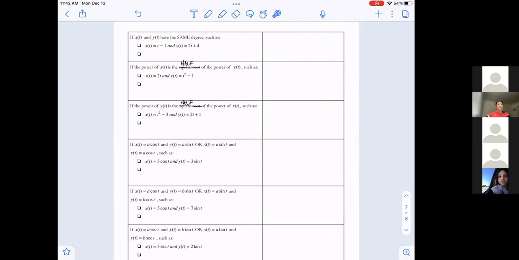Now, one way to do this is pattern matching from the notes, right? Because the examples from the notes are chosen so that we can see some of these patterns. But I did say we would come back to Desmos and take a look at how to use Desmos to graph parametric equations. Okay, so let me find my Desmos screen again.